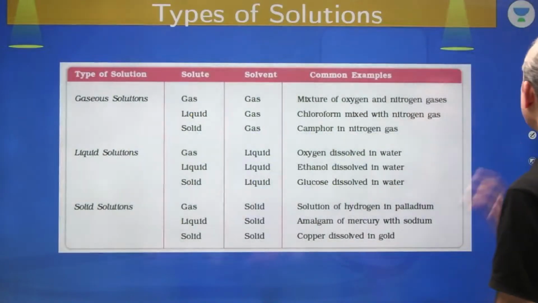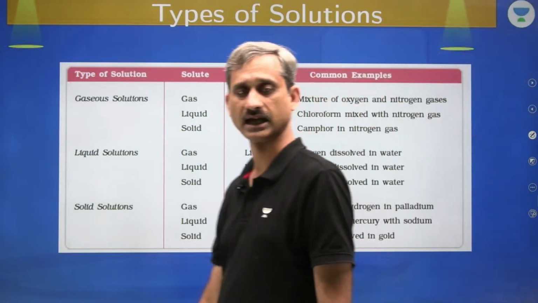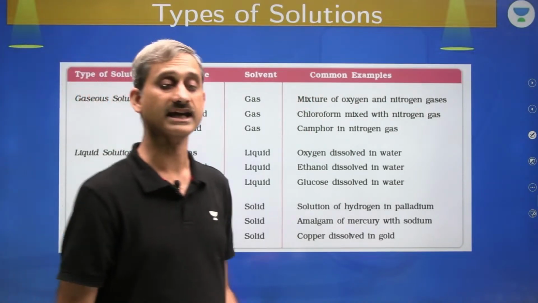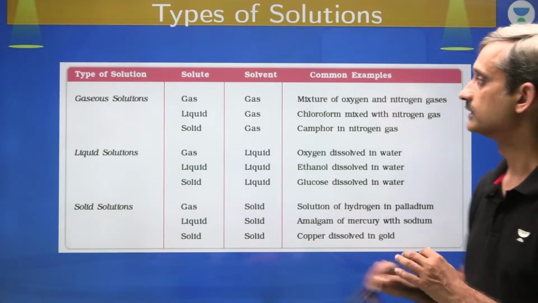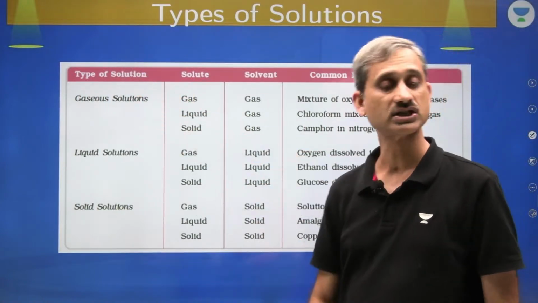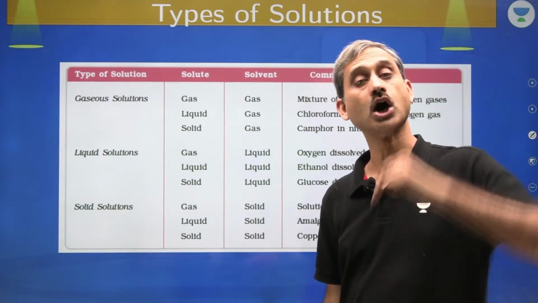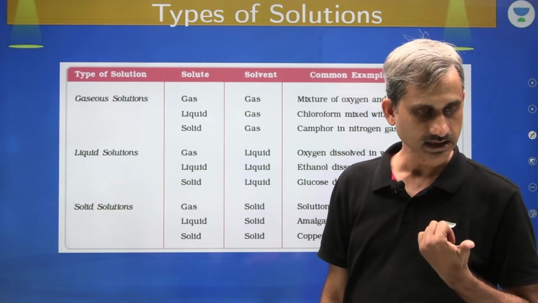Now once we have talked about the solute and the solvent, these are the different mixtures that we can have. This is the table which I have copied from the NCERT book. Here, as you can see, type of solution: gaseous solution. If the solution is gaseous, then the solvent is the gas. Is this clear?